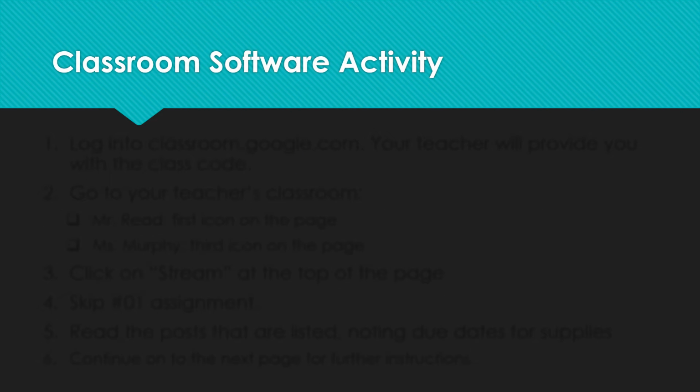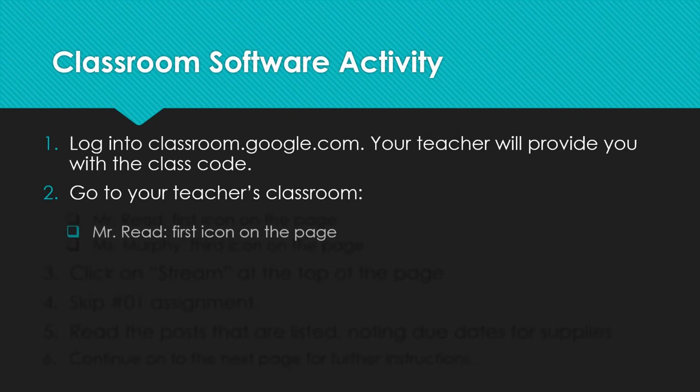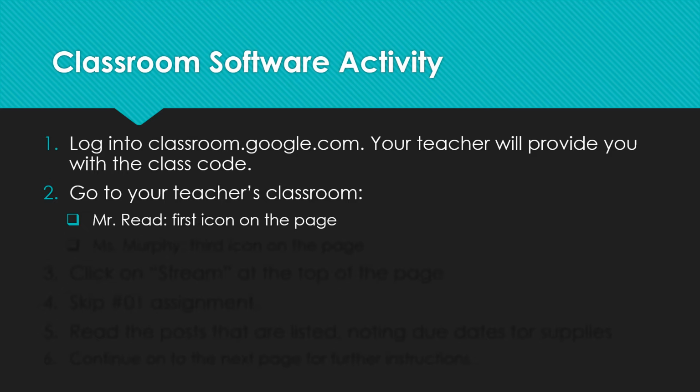Classroom software activity. Right now, please log into Google Classroom by typing in the link classroom.google.com. Your teacher will provide you with the class code. Go to your teacher's classroom. If you're in Mr. Reed's room, it will be the first icon on the page. If you are in Miss Murphy's room, it'll be the third icon on the page.